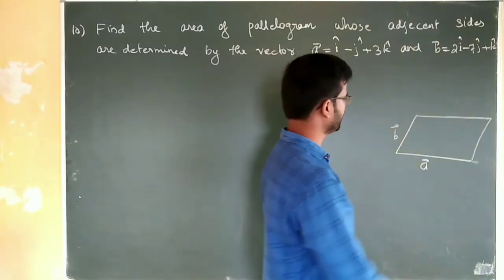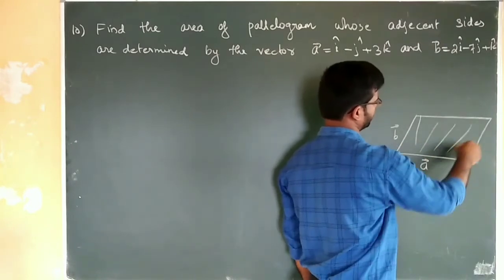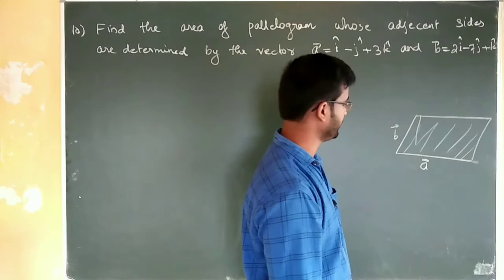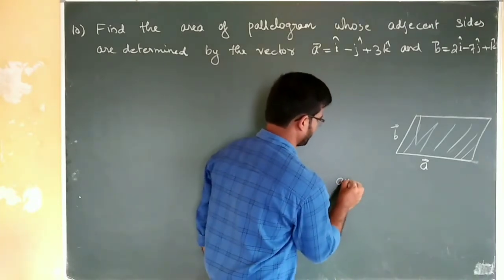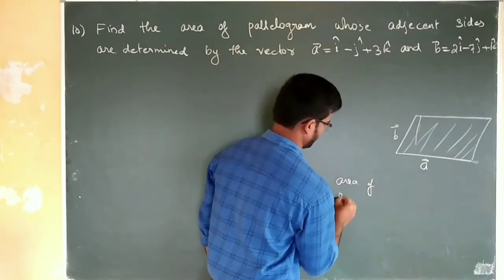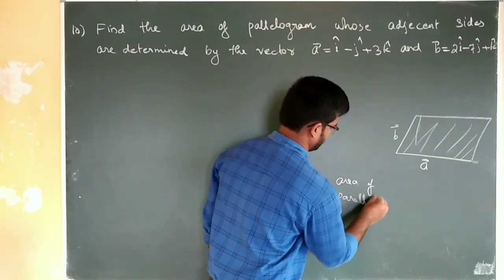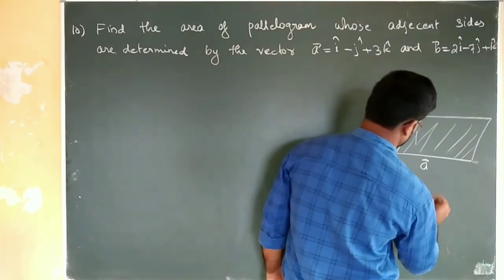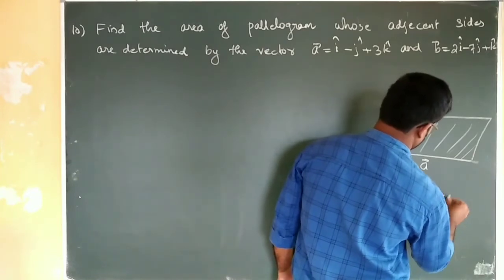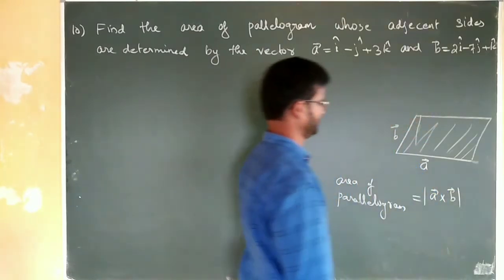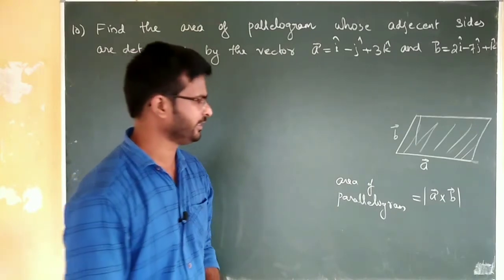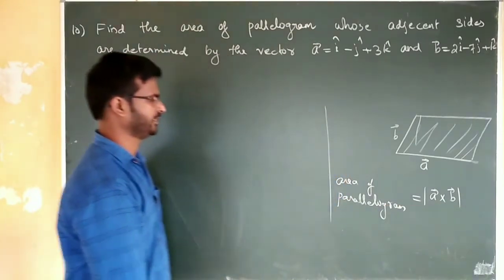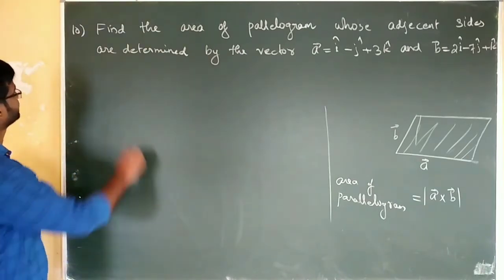We have to find the area of this parallelogram. We already studied one formula: area of parallelogram equals magnitude of A vector cross B vector. Using this formula directly we can find the area of that parallelogram.